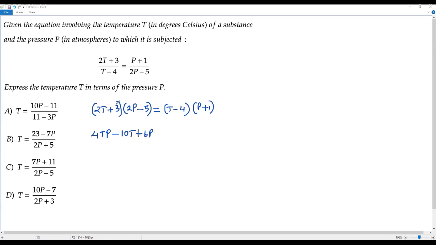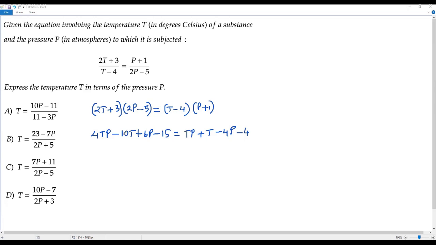And the last terms, 3 and negative 5, I'm getting negative 15. Now let me do the same thing for the other two binomials. T times P is TP, T times 1 is T, negative 4 times P is negative 4P, negative 4 times 1 is negative 4.